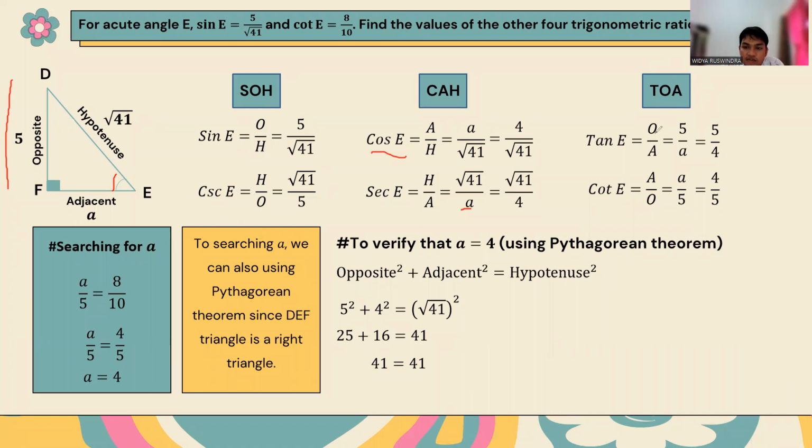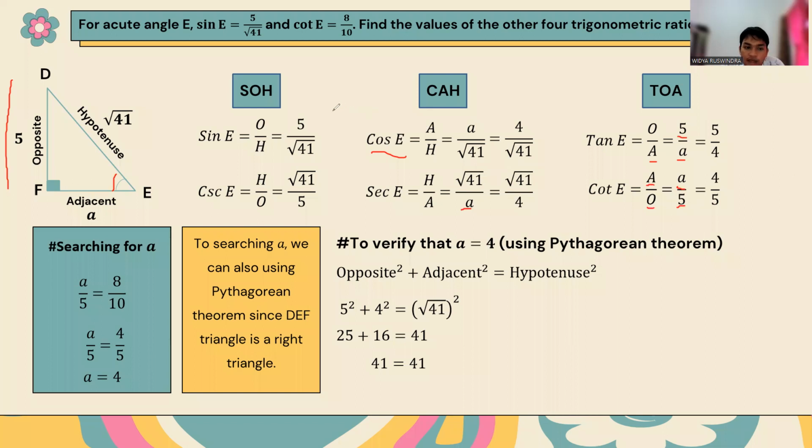So tangent of A is opposite side over adjacent. The opposite side is 5 and the adjacent side is A. So the cotangent is the inverse of tangent, adjacent side over opposite side. So adjacent is A and the opposite side is 5.